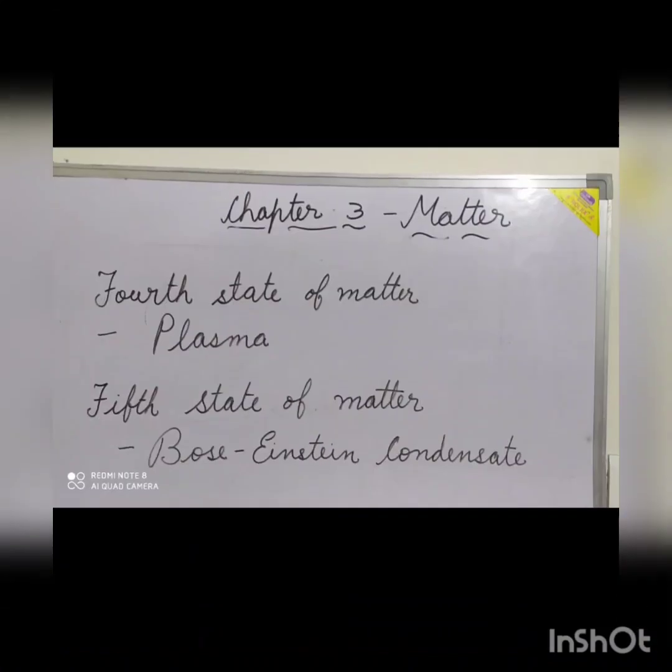Students, we have studied till now the three states of matter: solid, liquid and gas. But there are two more states: one is plasma and the next one is Bose-Einstein condensate. Plasma is often called the fourth state of matter. It is formed by superheating a gas.